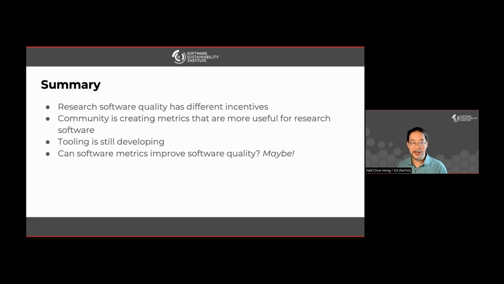And so a lot of it is really about where you're trying to apply those metrics. I think we can apply software metrics to improve software quality for research software infrastructure, but we still have a way to go to understand what are the things that help improve software quality at all three levels of research software.